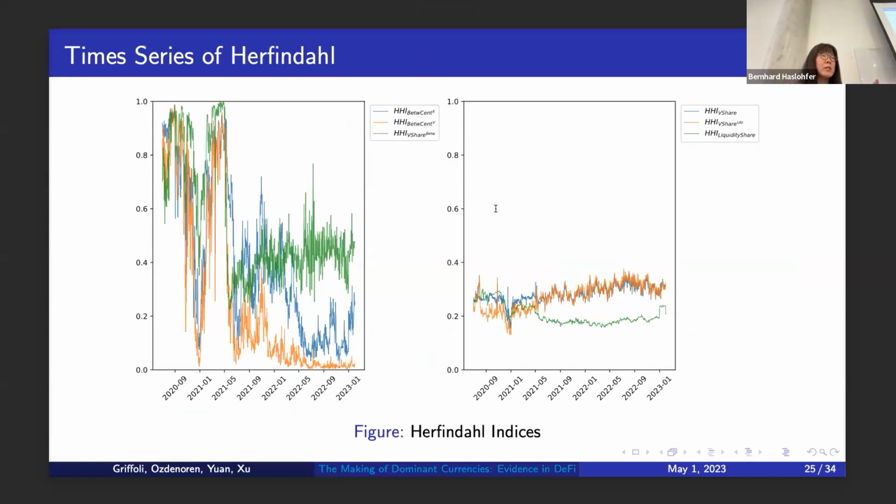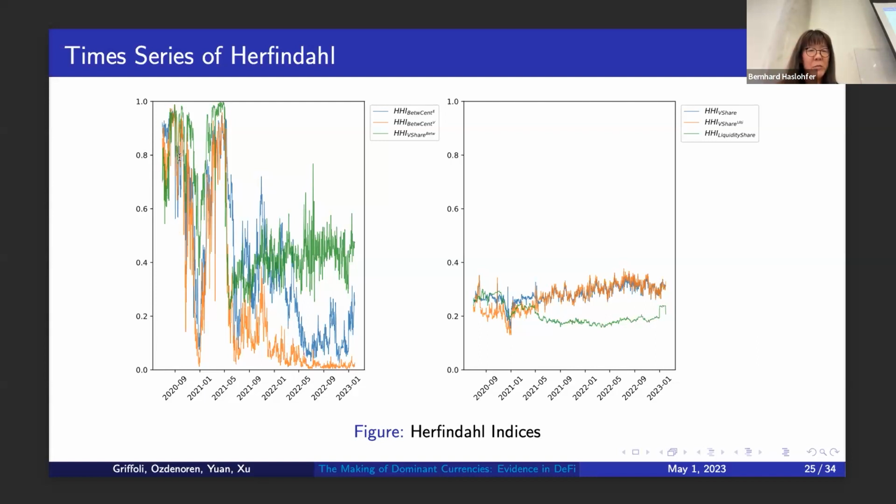And we look at the Herfindahl index to see whether there's a basket or just one dominant currency. If you look at the betweenness centrality, you look at the Herfindahl index, you see actually in the early days, there's strong concentration. There's probably only one. The inverse of the Herfindahl index is the number of dominant currencies.